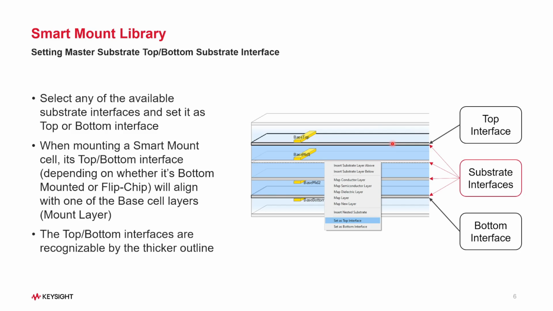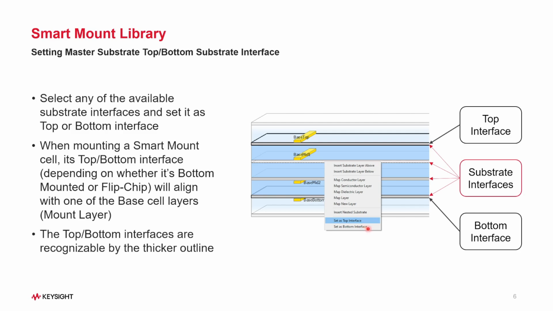So the way to do this, you click on the interface you want to select as the top or bottom interface, and then right click on it when you have selected the interface. You'll see the two menu picks here: set as top interface, set as bottom interface.